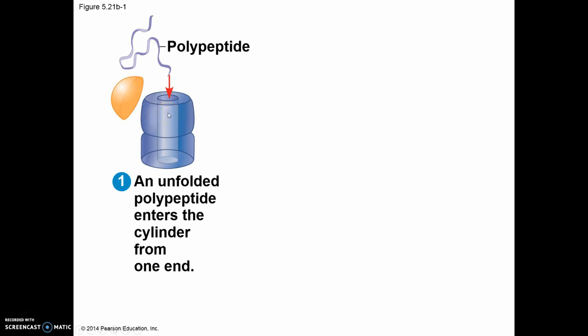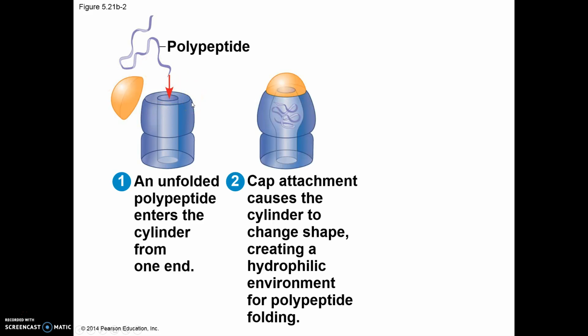What then happens is you put a cap on, and there's actually a catalytic reaction that occurs, and it results in a shape change of this internal chamber. And this actually results in a shift where before the interior lining of this barrel was hydrophobic, it almost instantly switches to a hydrophilic environment. Okay? This is going to cause the protein to debind from the walls, and then it's going to have to come up with its own strategy for hiding the hydrophobic regions.